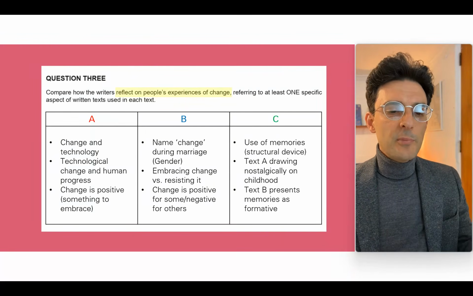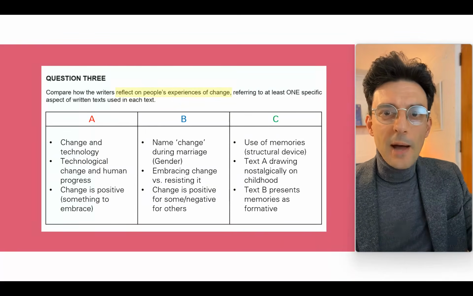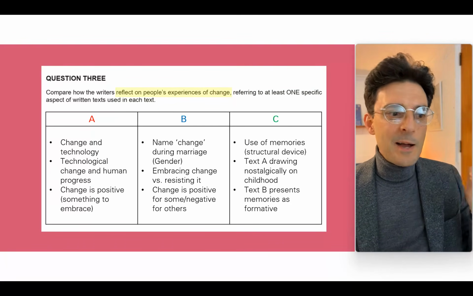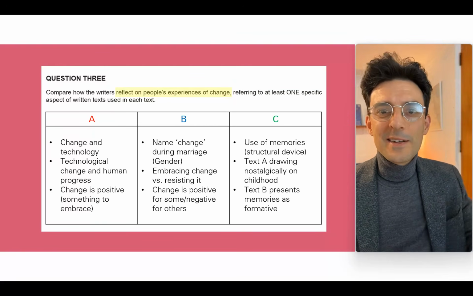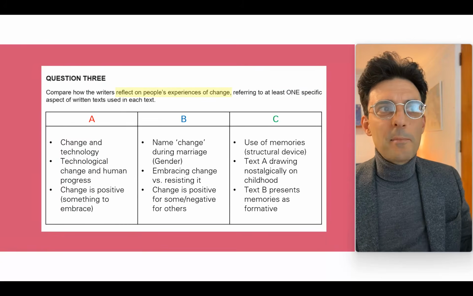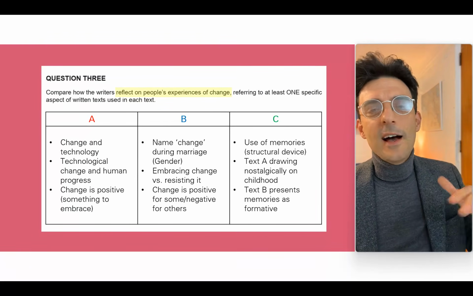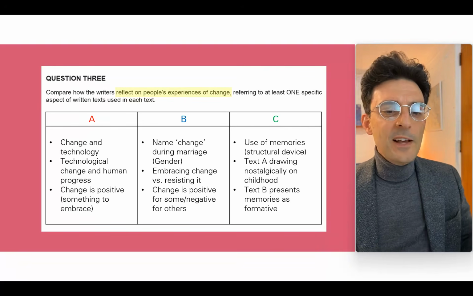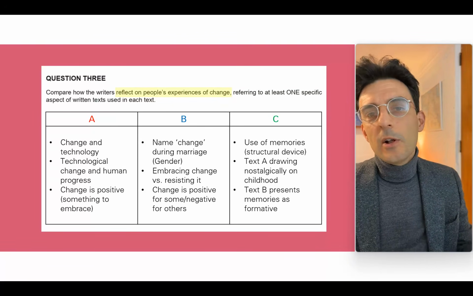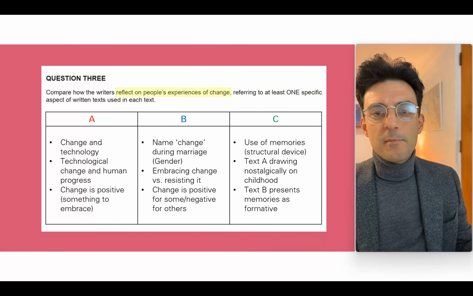Now, I do appreciate that my beautiful PowerPoint here looks really nice and I've got it all color-coded and it's all typed out and all my bullet points are quite concise and clear, and you're probably thinking this is unrealistic for me when I'm planning under time pressure. Have you seen my handwriting? It's appalling. Yeah, I do appreciate that, and let's just consider what this might look like realistically. Like in column A, I might have literally just written something like change and tech, change equals good.